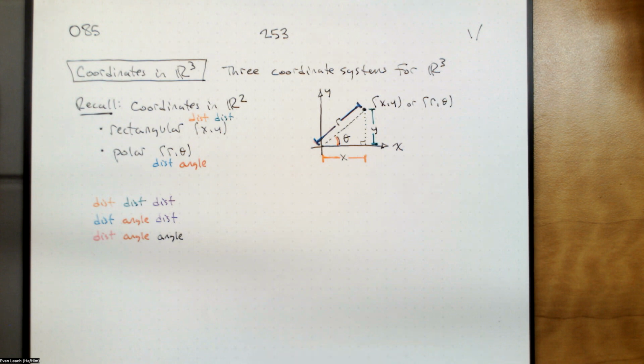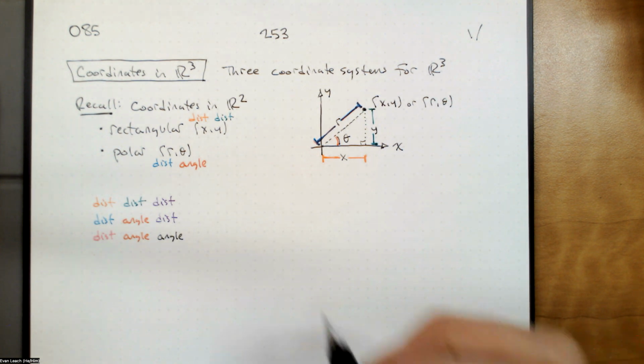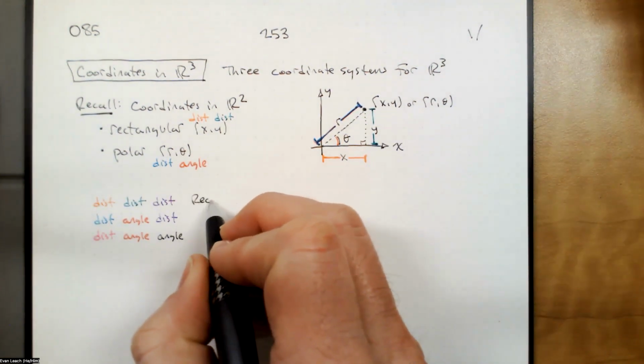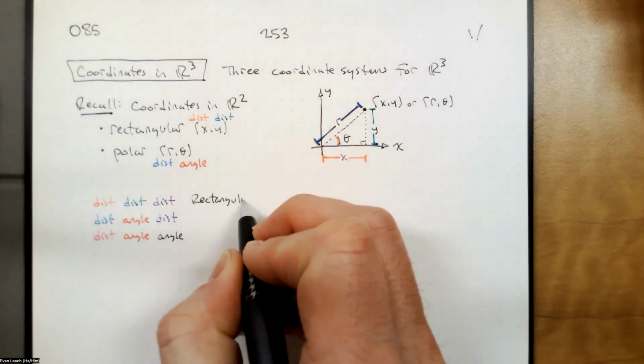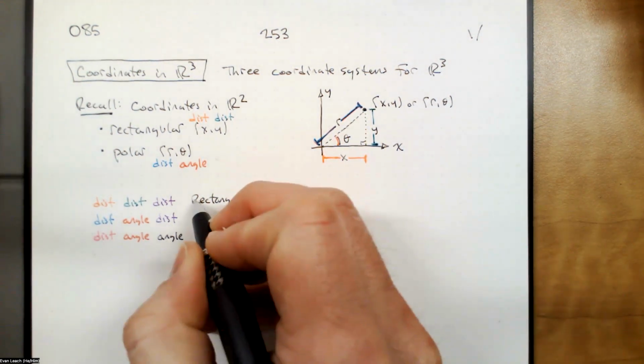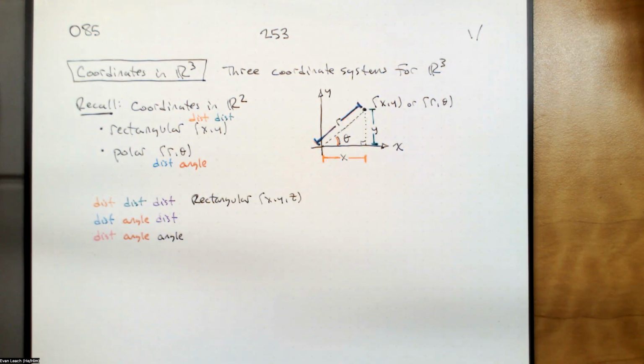If we're describing R3 with three distances, that is rectangular coordinates. There's an X, a Y, and a Z. This one we are familiar with. It's our favorite.